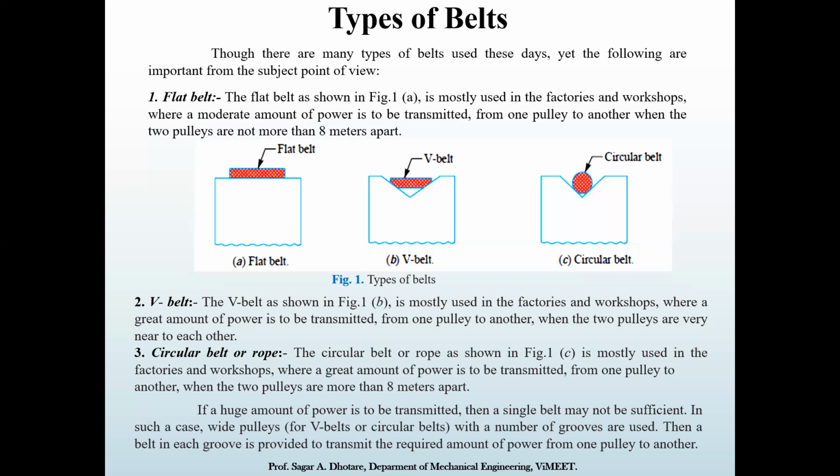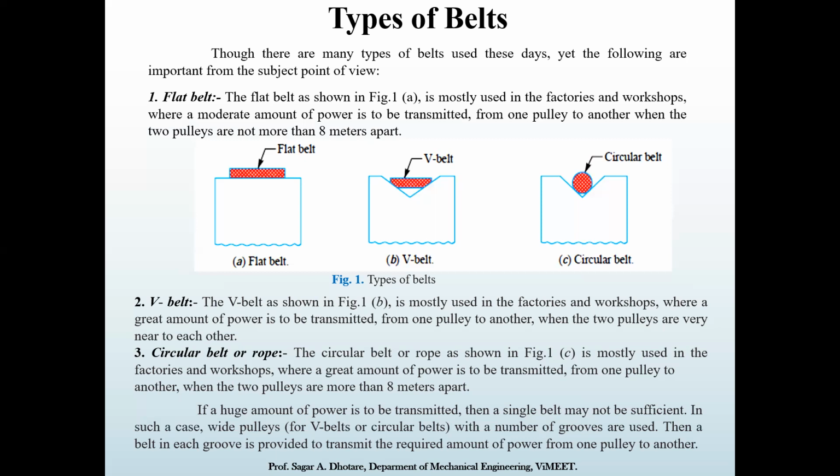So these are the three types, and the center distance between two pulleys is also mentioned here. If a huge amount of power is to be transmitted, then a single belt drive cannot be sufficient, so we need to go with a multiple drive. In such cases, for V belt drive and circular pulleys, the number of grooves can be increased.